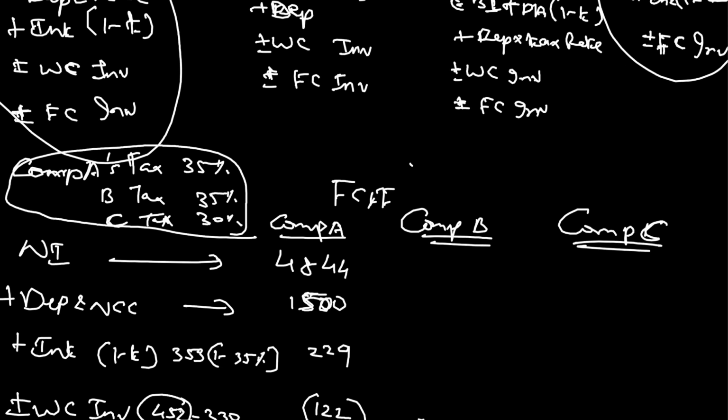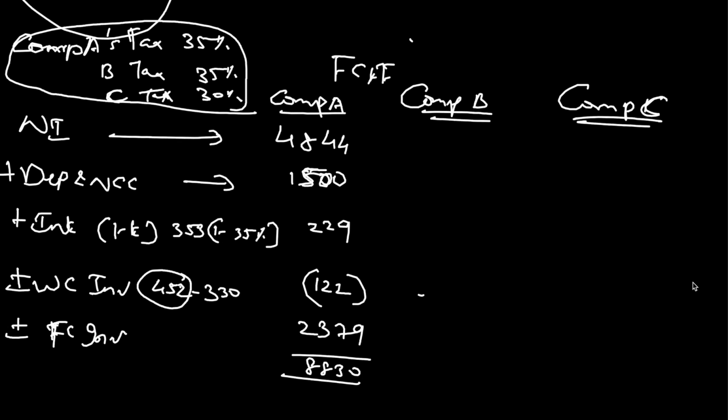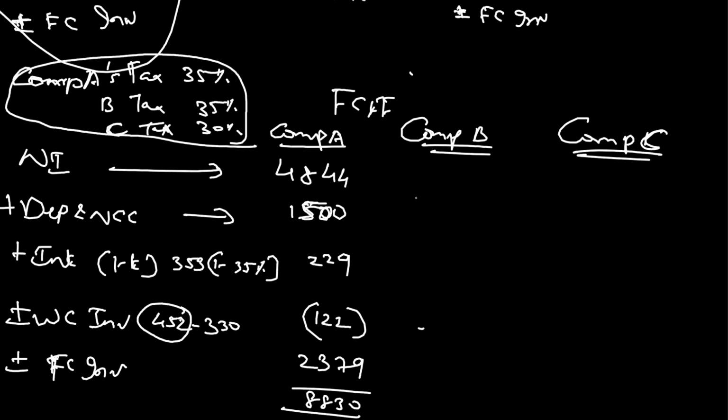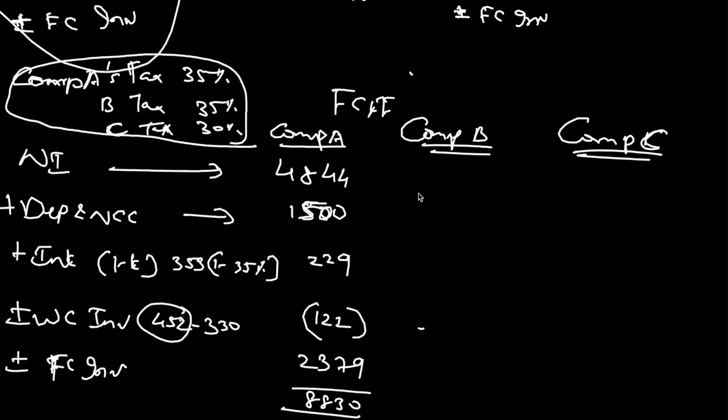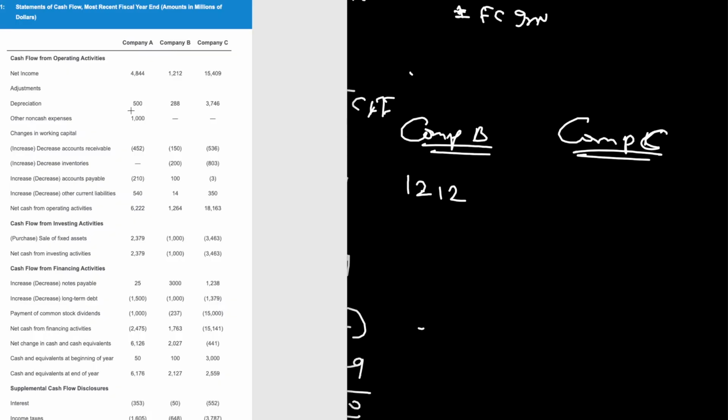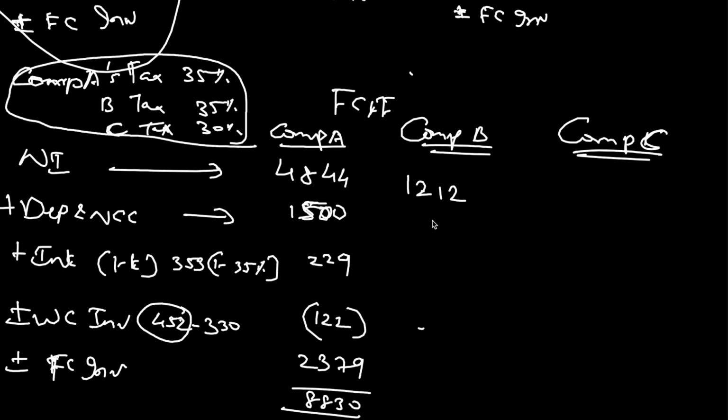Okay. So company B, net income comes to 1212. Depreciation is 288, and then interest into 1 minus tax rate.